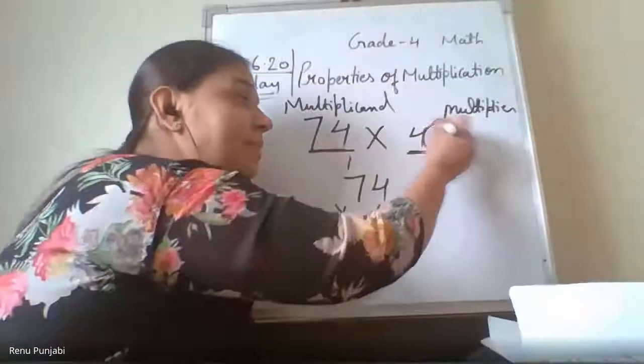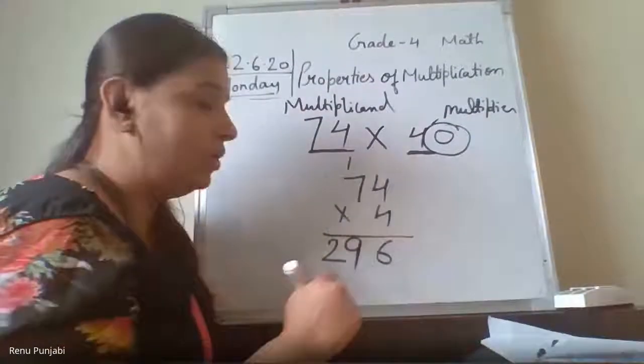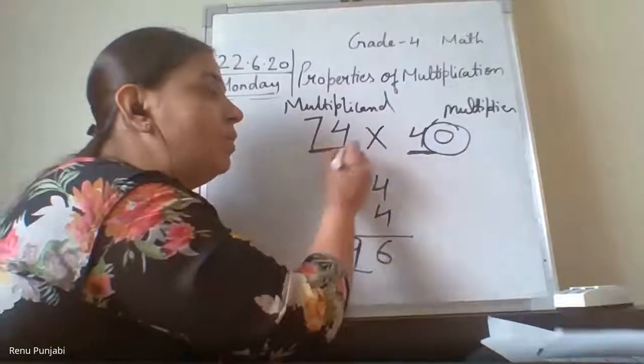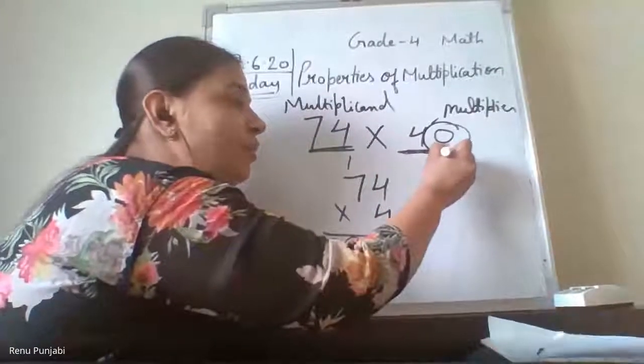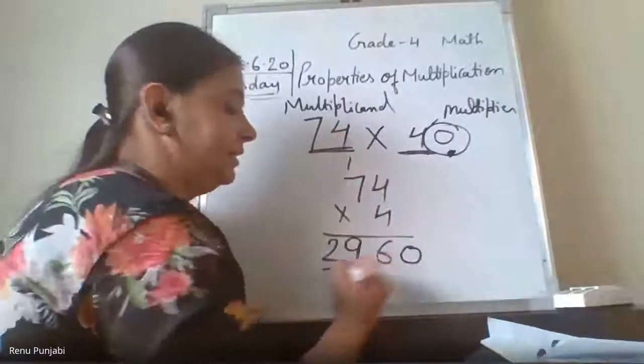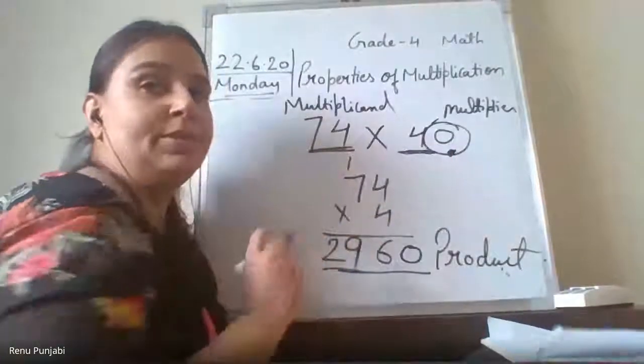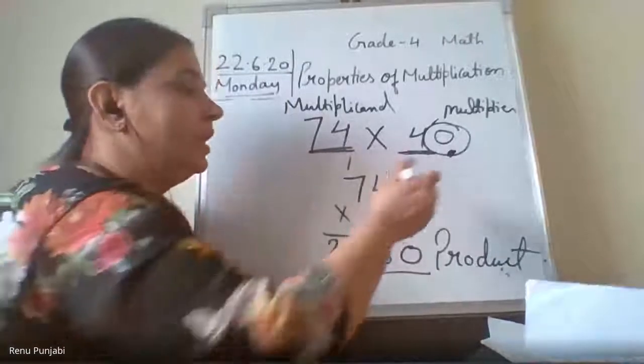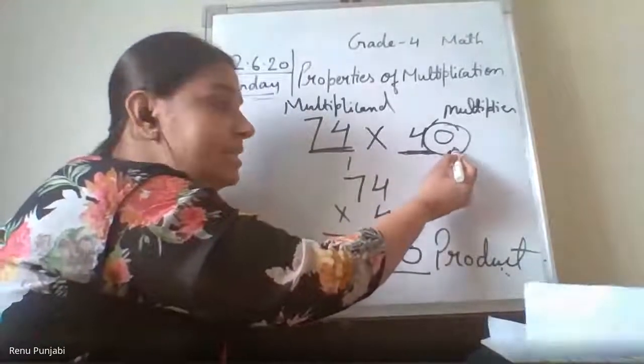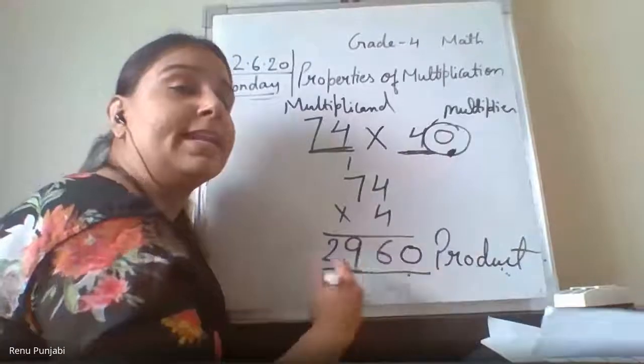Ma'am, there is a 0 over there. Now this 0 is remaining. Now what to do with this 0? After multiplying the number with the number, you have to add the 0 in the product. This answer is called the product. You have to add this 0 at the back of the product, on the right hand side.